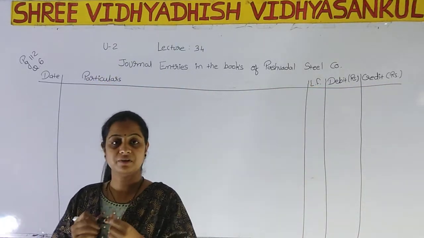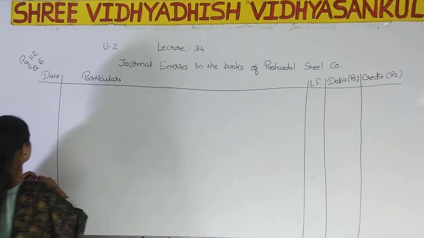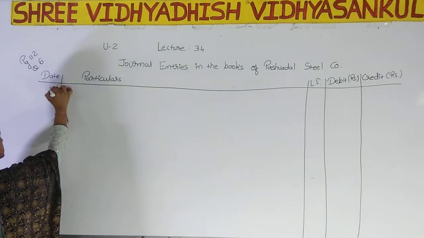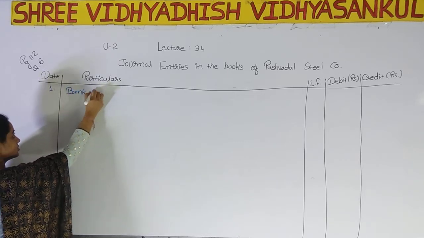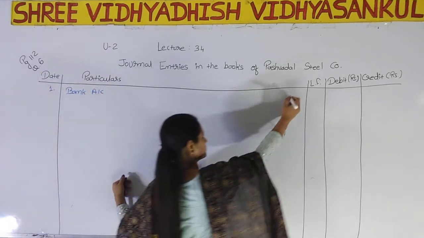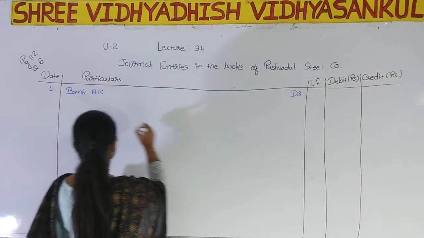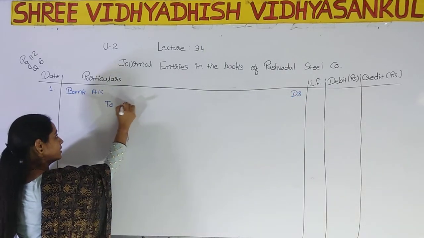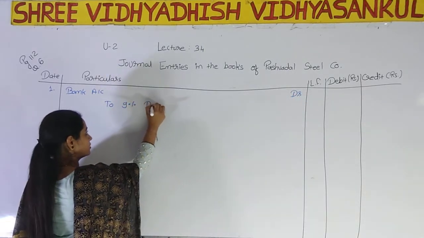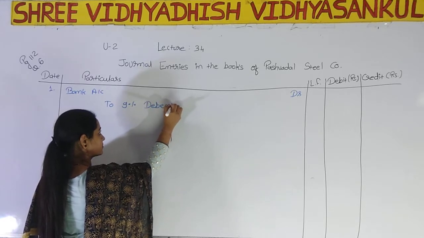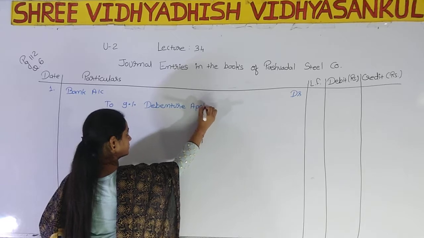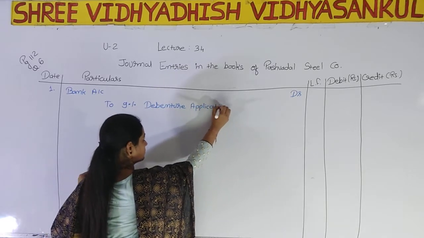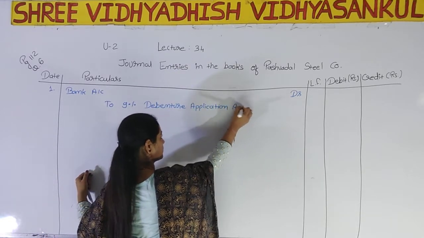So the first entry will be for receiving application money. The entry will be: bank account debit to 9% debenture application account.